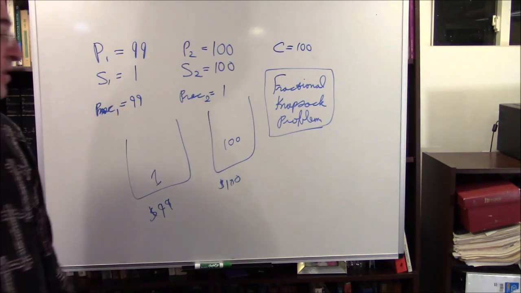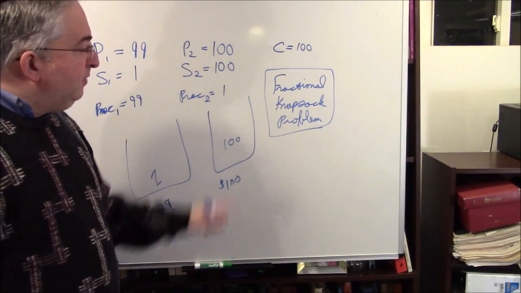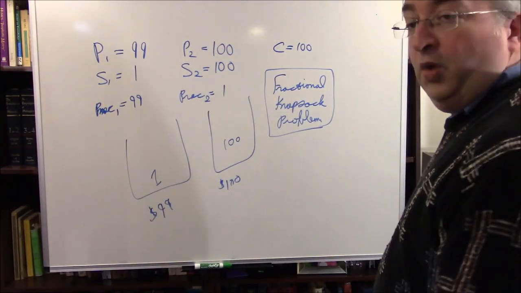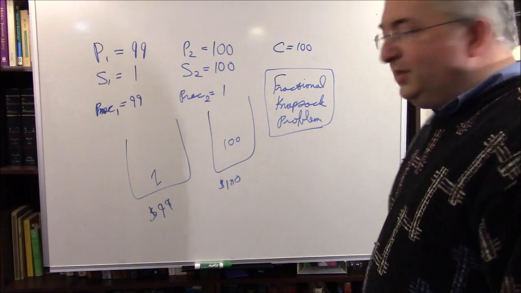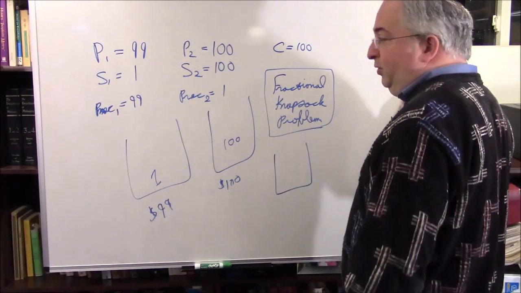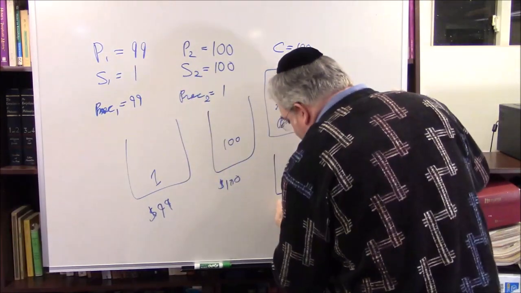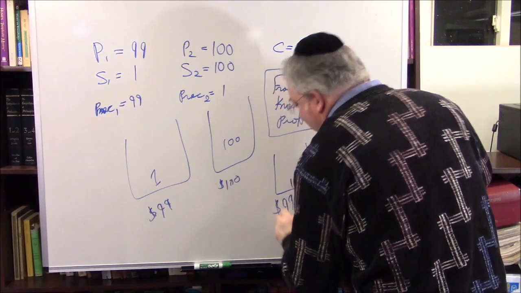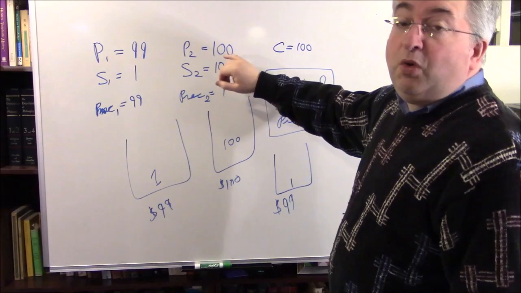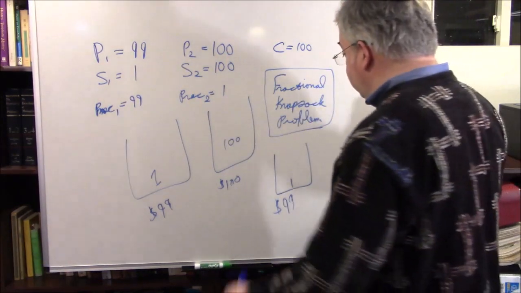Great. Now, this is not an NP-complete problem. Let me tell you why. Because I have a great greedy algorithm to solve this, using preciousness. So let's solve this problem with the greedy preciousness algorithm. I take one of these. It's worth $99. That's great. Then I don't take all 100, but I take 99 out of 100.